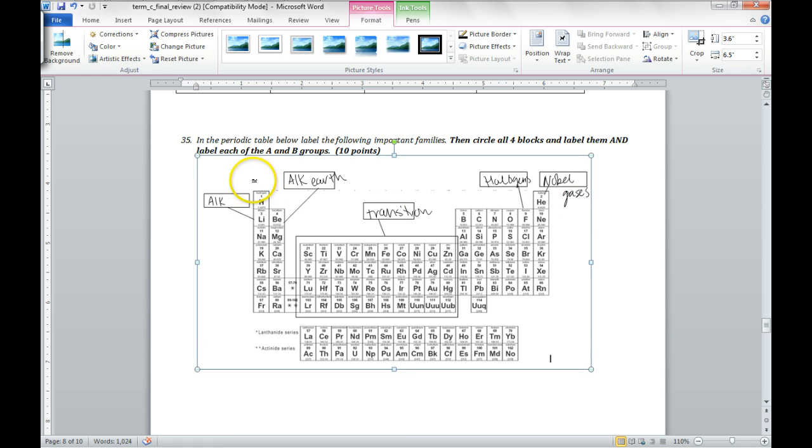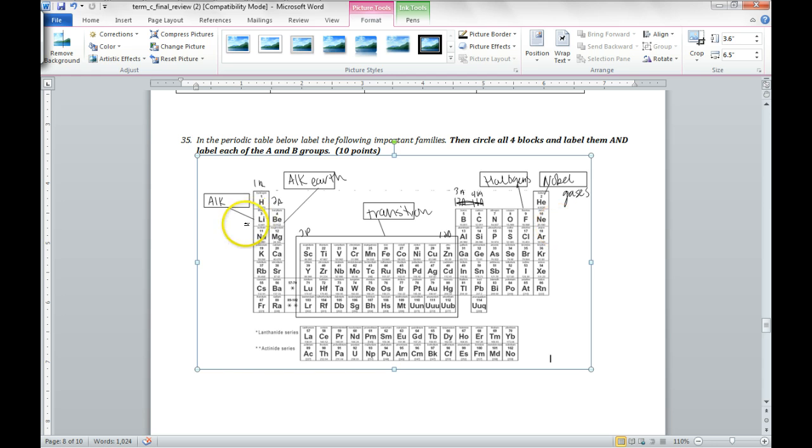Then we have 1A, 2A, 3B, continuing on to 12B, and then we go to 13A, 14A. Sometimes you'll see it like that, or sometimes you'll see 3A, 4A. I prefer the 3A, 4A, so then you know the valence electrons, but that's just me personally.